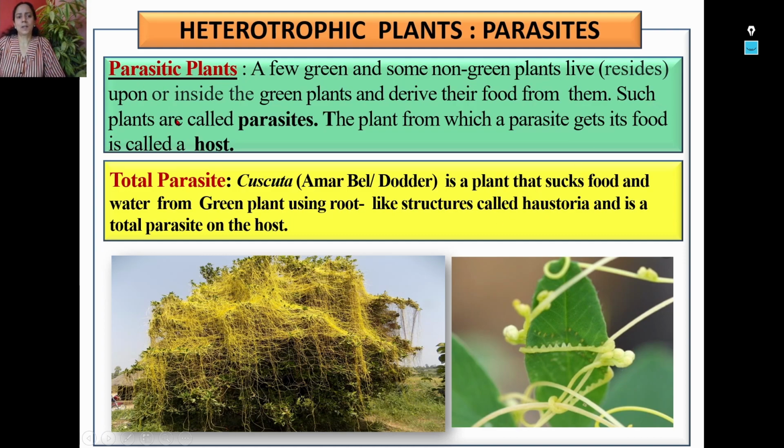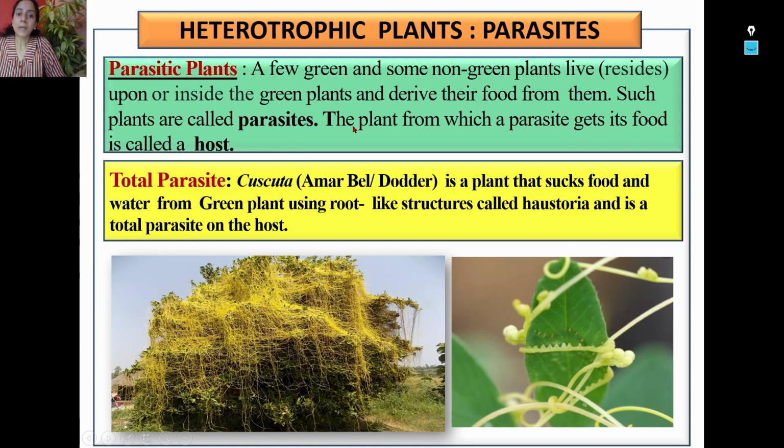So all such plants which live on other plants and draw their nutrition requirement from those are called parasites. And the plant from which these parasites get food is called the host. We have two very classic and interesting examples, and if you look around in some gardens or in field areas, you will come across both these parasitic plants. Now another term, total parasite.